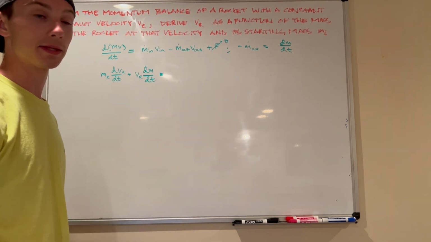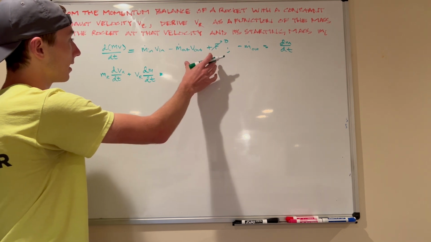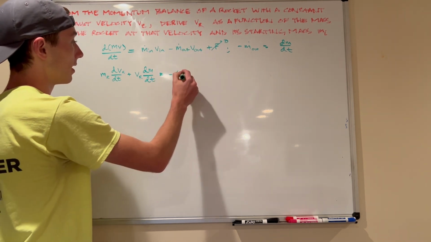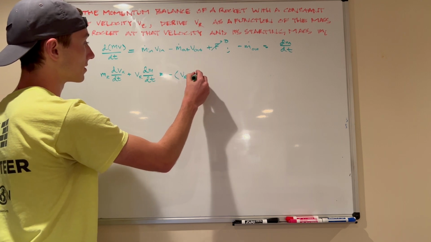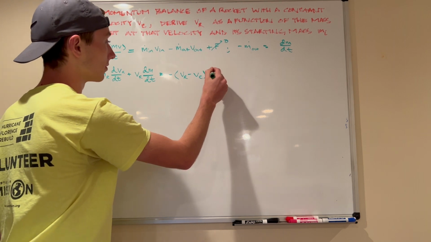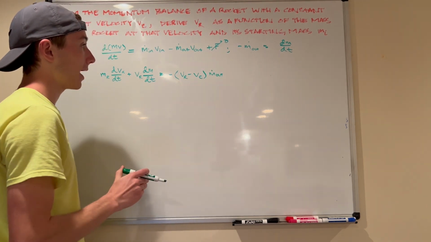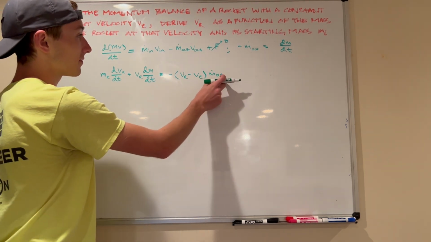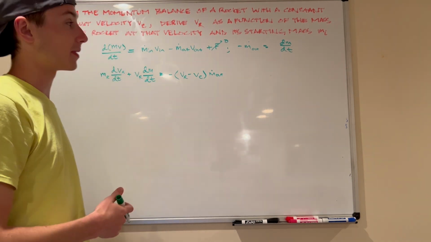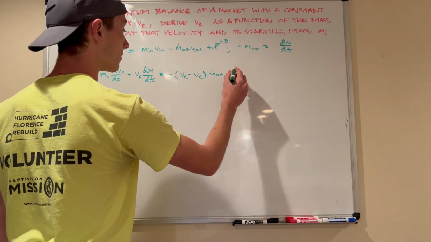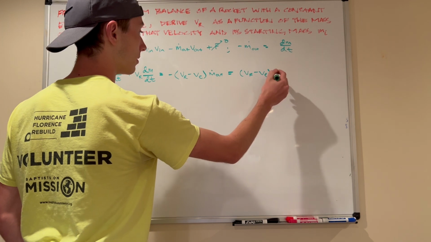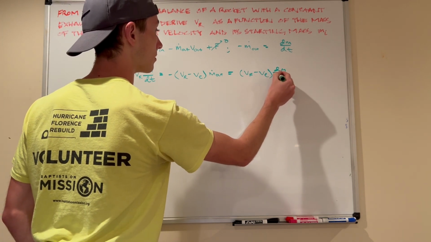equals, now looking at this side of the expression, we can take our velocities here, and what this really comes out to be is VR minus VE times our mass flow out. And as previously stated, our mass flow out is simply the rate of change of mass with respect to time. So we can rewrite this as VR minus VE times dm dt.